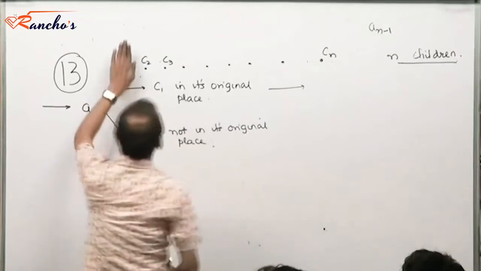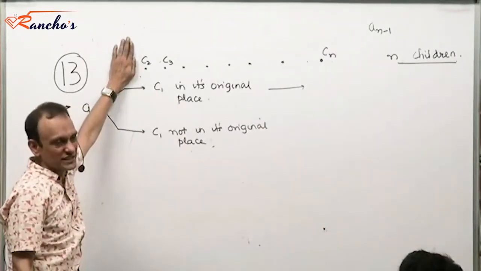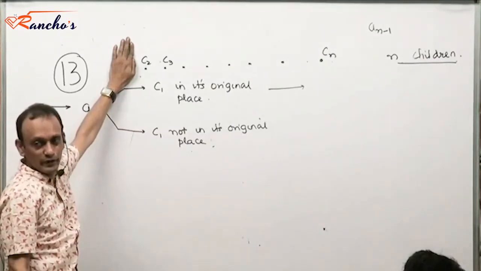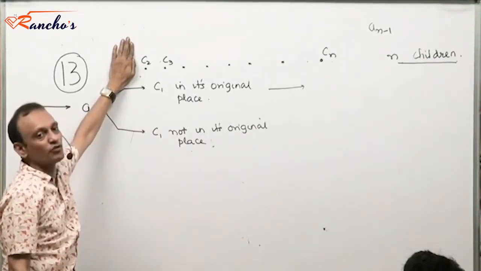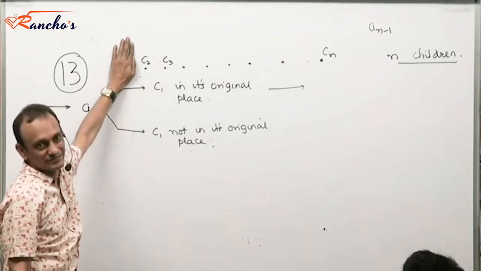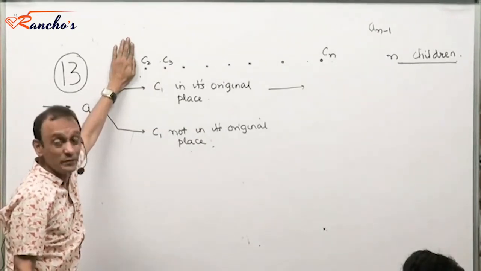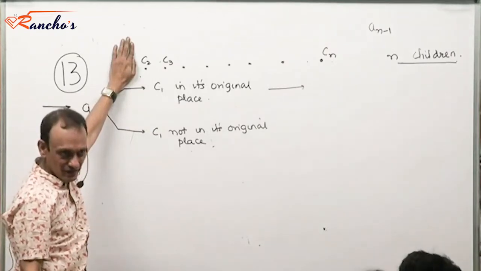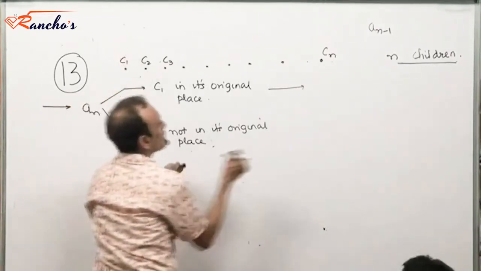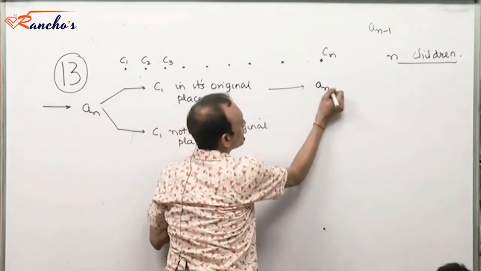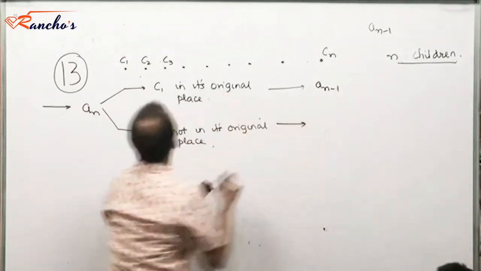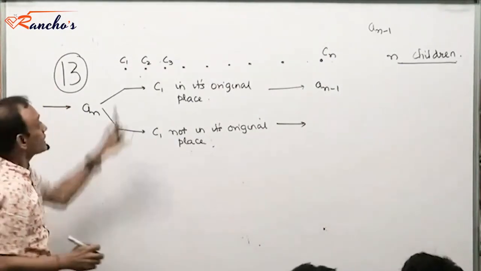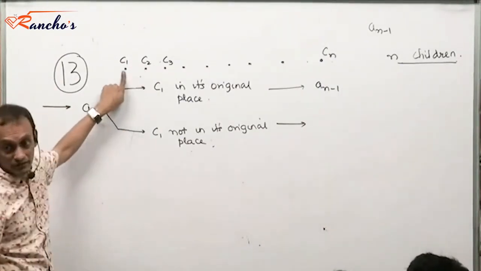Now, when C1 was in its place, how many children were remaining? And what would have been the count for these children? a(n minus 1). Yes or no? With C1 in place, the total count would have been a(n minus 1). Now, with C1 not in its place, that means C1 going there and C2 coming here.